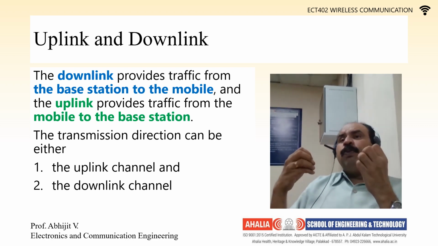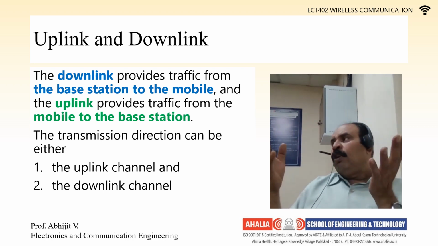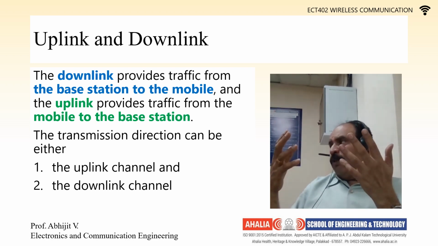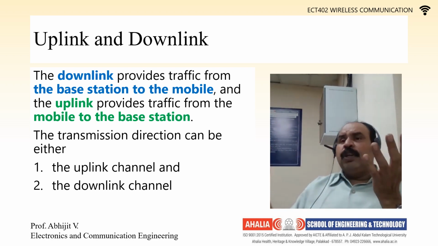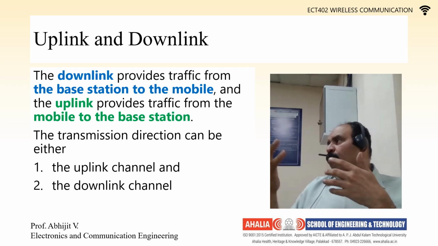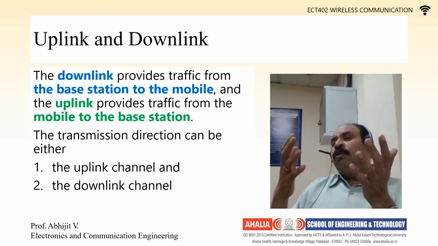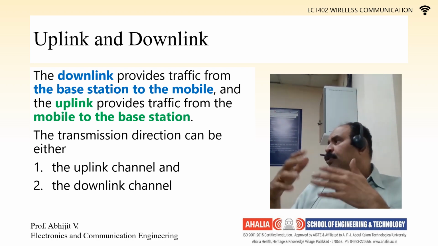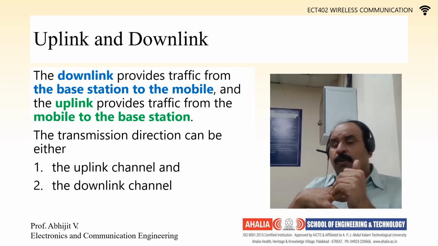When there is one speaker and so many listeners, we call it downlink. It is going from the transmitter base station to different users. You can take the analogy of your mobile phones. There are so many mobile phone users connected to a single mobile tower or a single base station. This process is known as downlink.